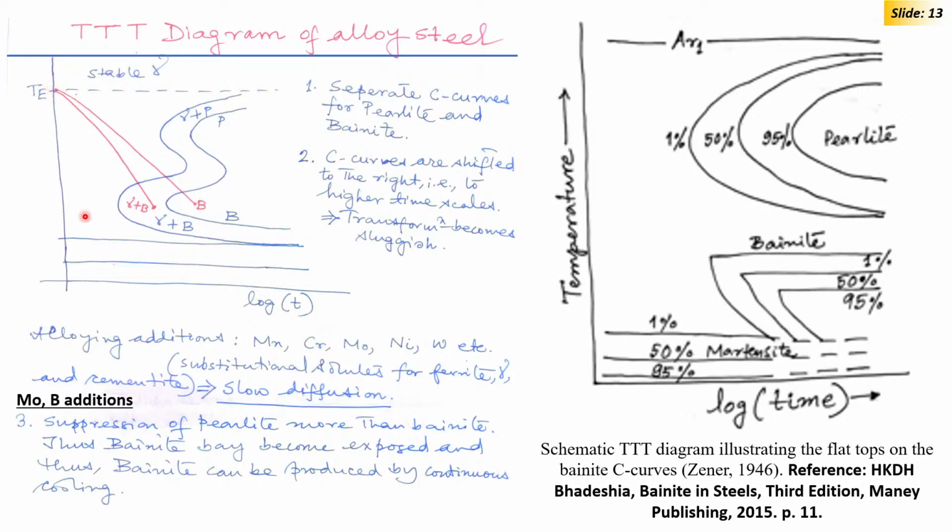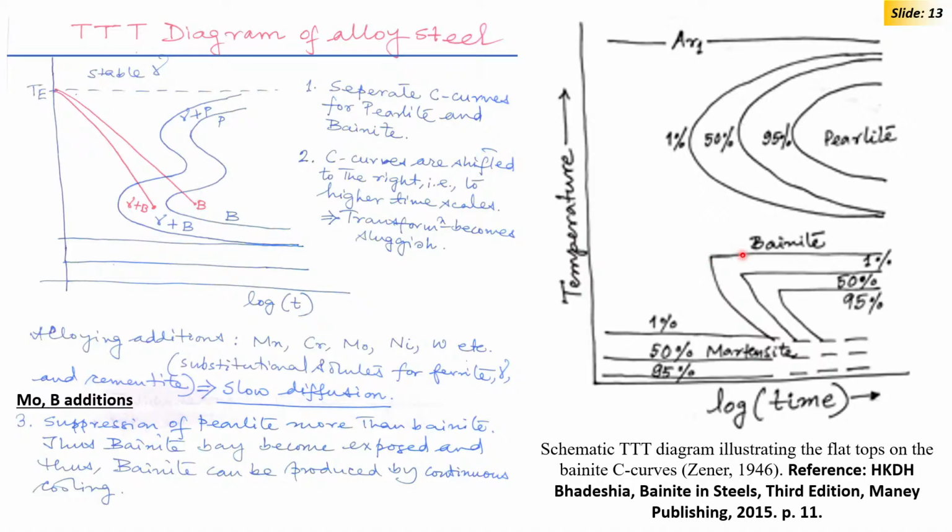You may fast cool, avoid these regions, and you end up with complete martensite. So, slowing down diffusion pushes the TTT curve to the right, increases hardenability of austenite, and the faster you cool, the more chance you get of formation of these bainite and martensite displacive phases.